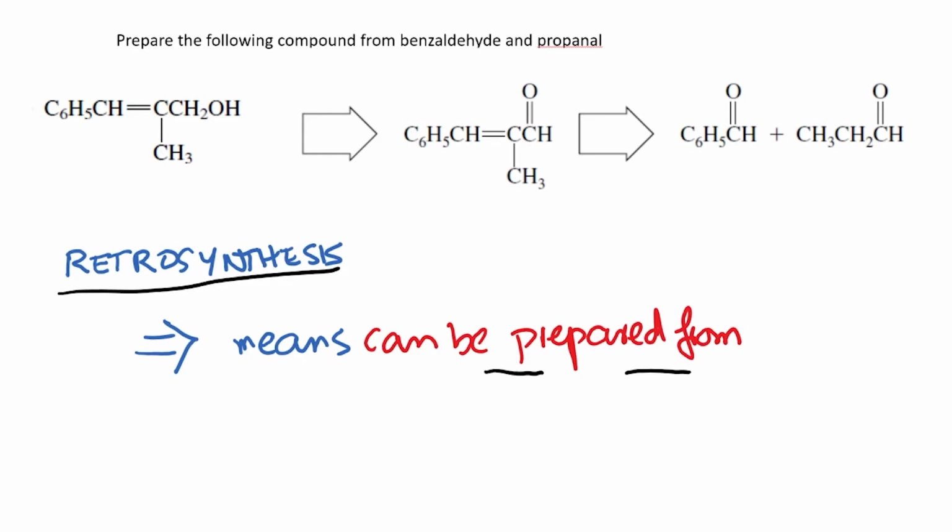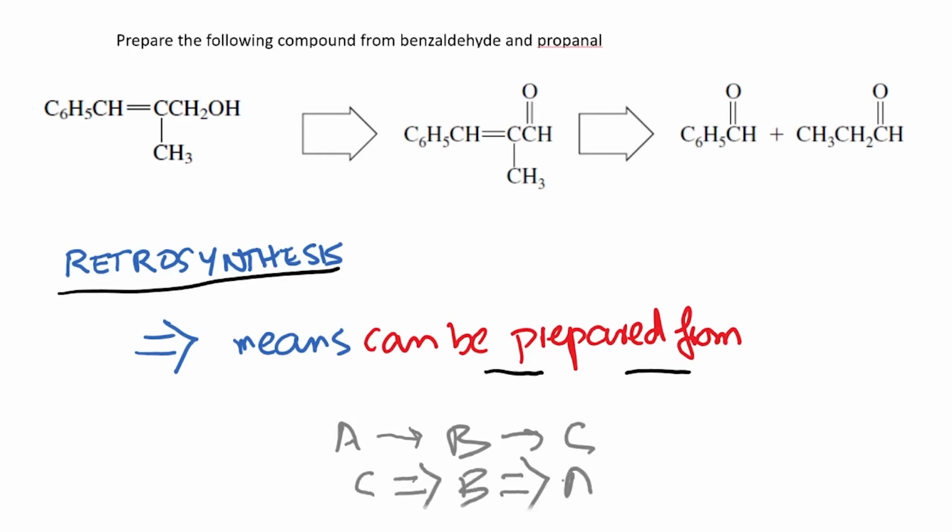So for example, if in a particular synthesis scheme, you would write A goes to B, goes to C. Now in the retrosynthesis, you would write it as C is derived from B, which in turn can be derived from A. This helps us construct the synthesis in a linear fashion, and also helps us break down the synthesis into smaller parts.